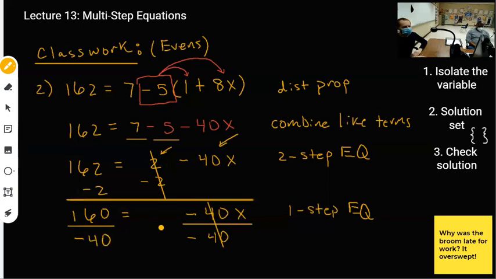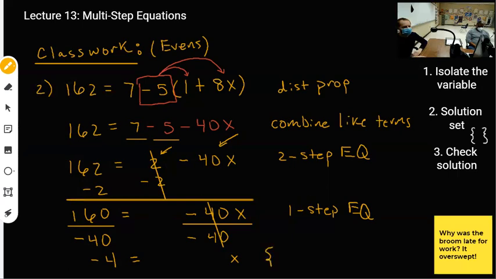I also have to do the same thing on the left side, because we have to divide both sides by negative 40. And 160 divided by negative 40 is going to be negative 4. So we get negative 4 for our answer, and I bring down my variable. So now we know what x is. X is equal to negative 4.